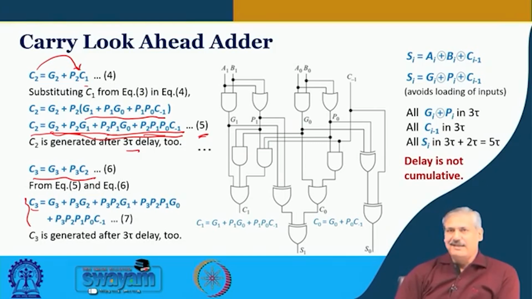There also we can see that G I, P I terms will generate in 1 tau, and these product terms another tau, and the final OR term, it is total 3 tau. So, irrespective of the number of bits, the time required to generate the carry here is 3 tau, by bringing this kind of parallelism instead of the serial mode of carry generation that we had seen before.